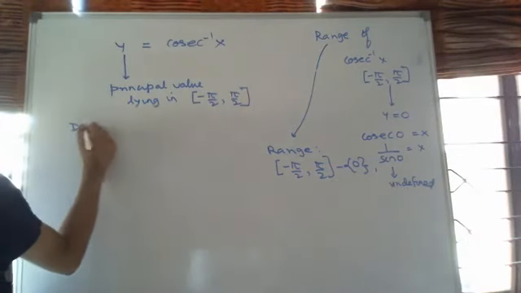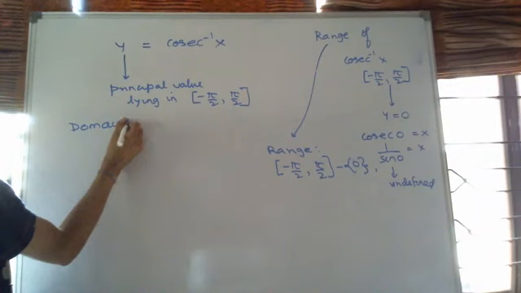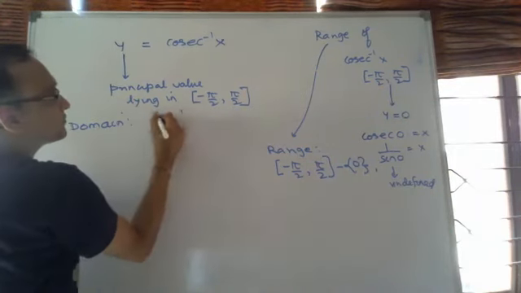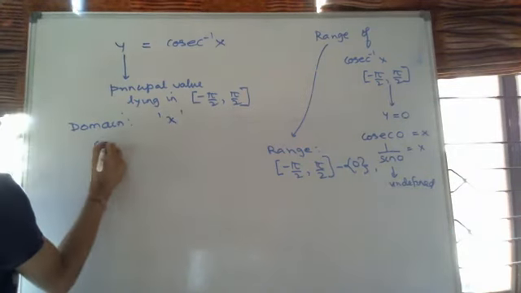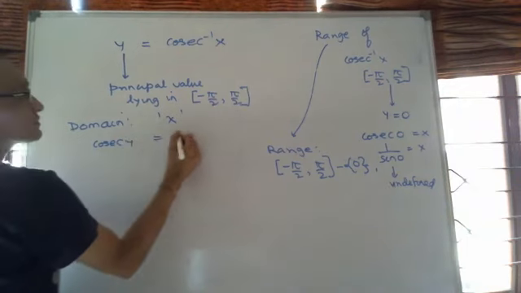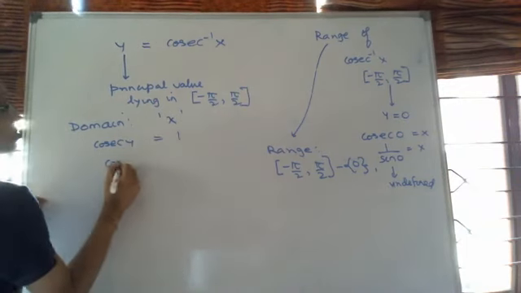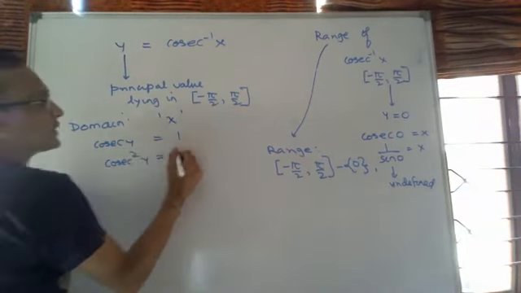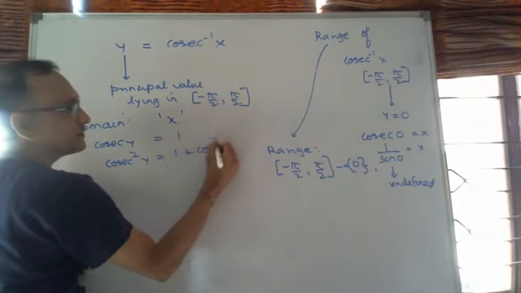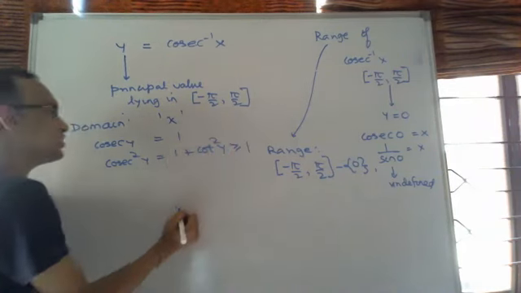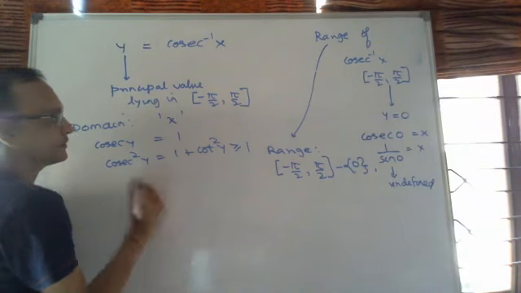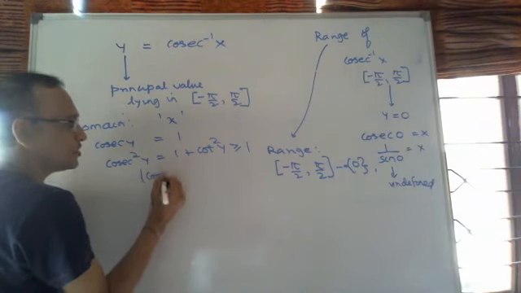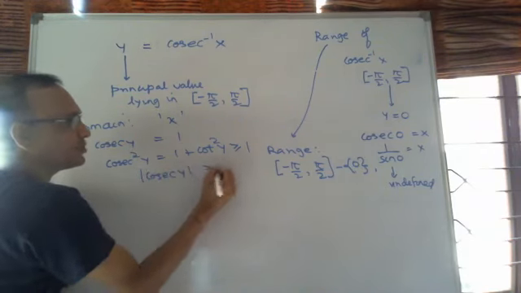For the domain, meaning the interval of x: cosec y is x, but we know that cosec square y is 1 plus cot squared y, which is always greater than or equal to 1. This means mod cosec y will be greater than or equal to 1.